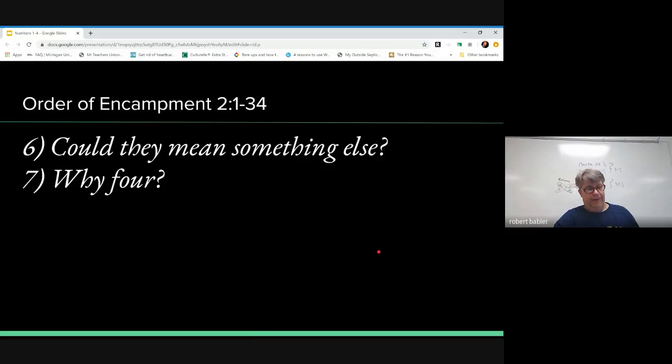Why 4? Is there a significance to the number 4? And the answer is yes, there is. 4 is considered in the Bible a symbol for completeness. In Genesis 2:10, you have the 4 rivers of paradise. In Ezekiel 37:9, you have the 4 winds of heaven.